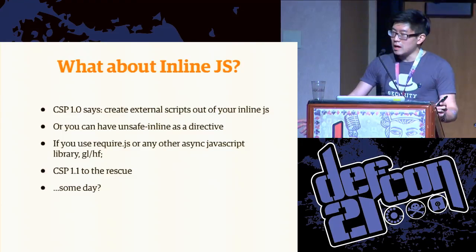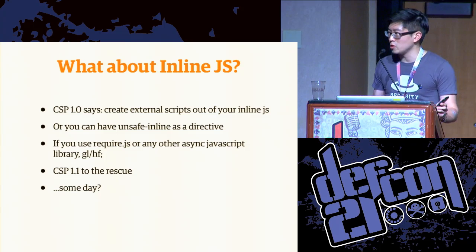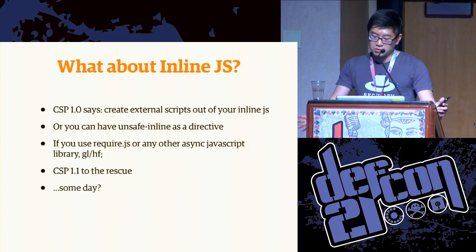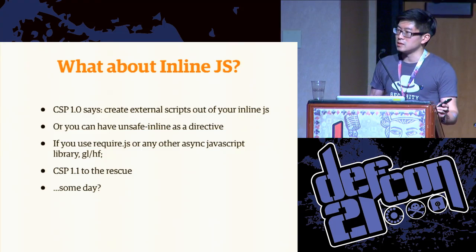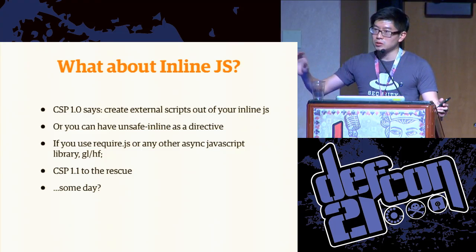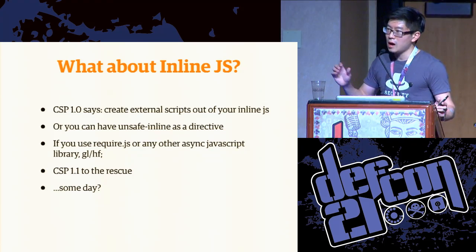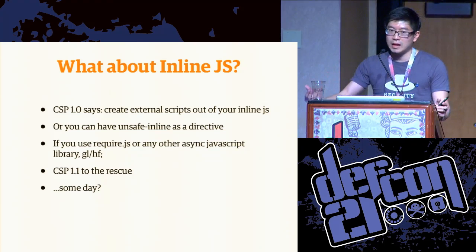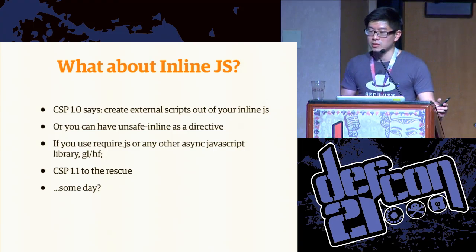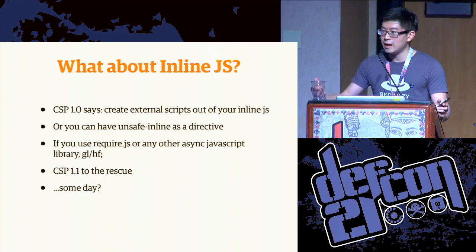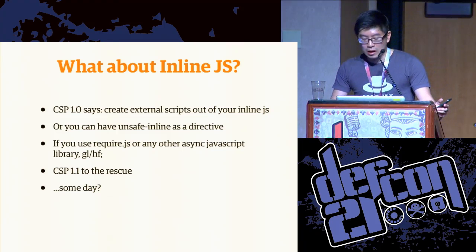And in addition, if you use any kind of asynchronous JavaScript loading library such as require.js, this also has implications, because what require.js and other asynchronous JavaScript loading libraries like to do is essentially say, hey, I want to load this bit of JavaScript, so at some point during the rendering of the page, I'm going to call append child to the head of the document with the contents of the JavaScript. And because this is all done asynchronously, it's very fast. There's no additional HTTP call, but the problem is that that's going to cause issues with content security policy 1.0.